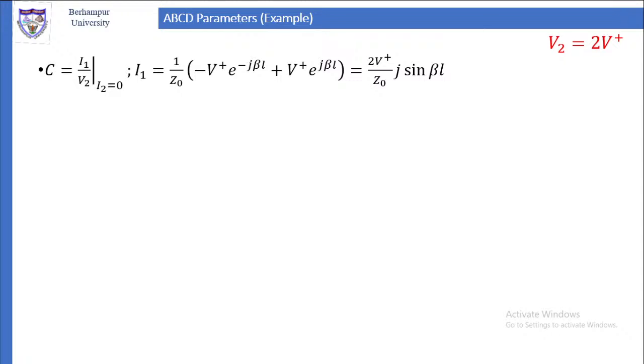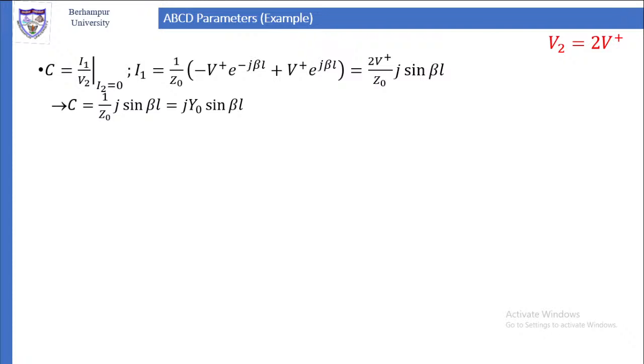I1 is equal to 1 by Z0 into minus V plus exponential minus j beta L plus V plus exponential j beta L. If I take V plus common here, then this becomes V plus by Z0 into exponential j beta L minus exponential minus j beta L, which is 2j sin beta L. So I1 is equal to 2V plus by Z0 into j sin beta L.